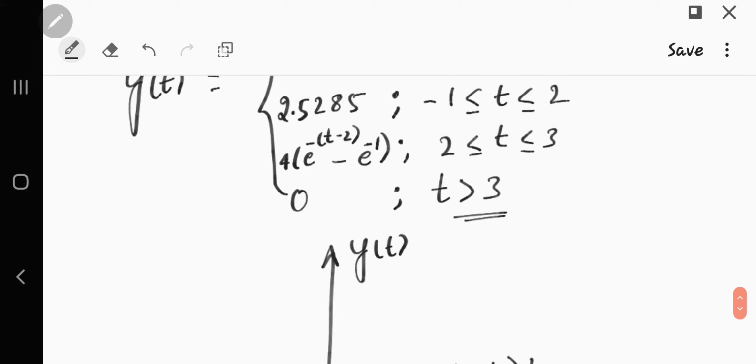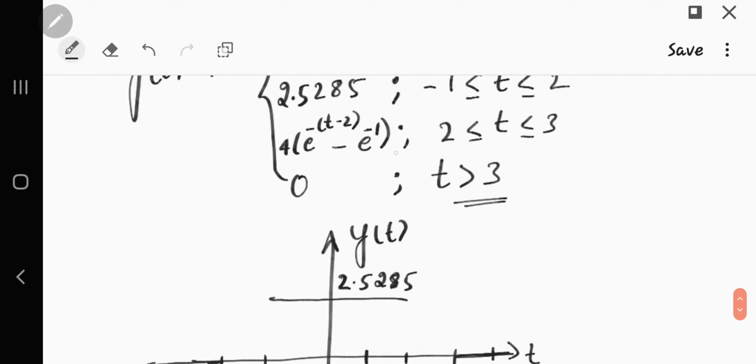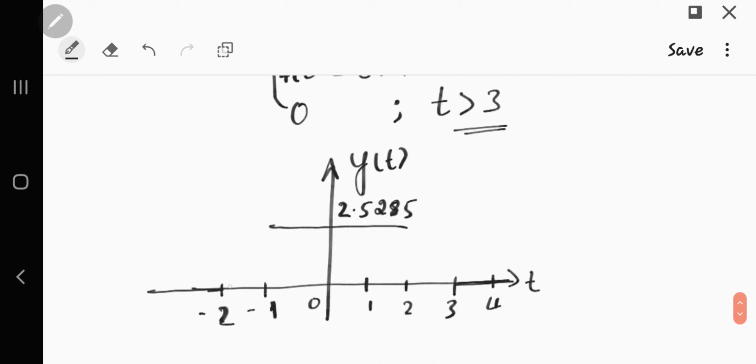So put the values for t, and from minus 1 to plus 2 we have a constant value here, that is 2.5285, and from 2 to 3 we have to substitute the value here. So you should get an exponential signal here and a decreasing exponential here.